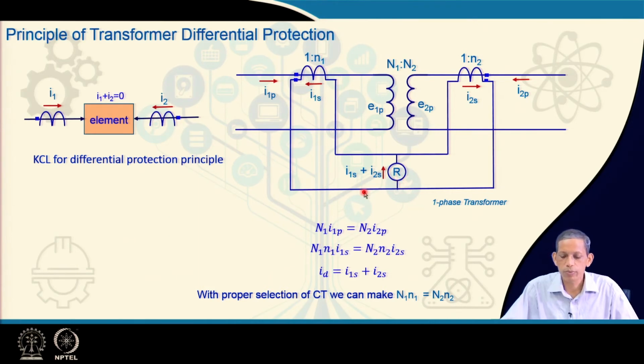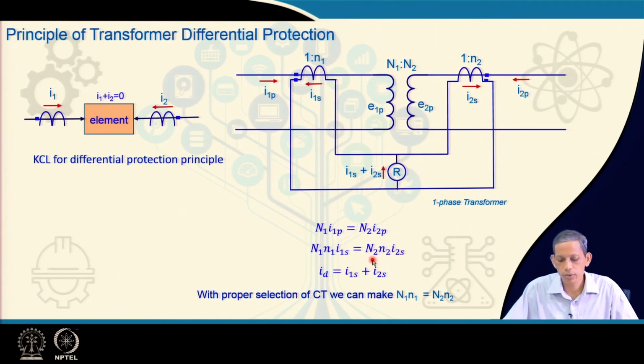So, we know that for normal condition, capital N1 into I1p equals N2 into I2p, the ampere turn balancing. Now, if we replace this primary current I1p by the secondary current of the considered CT, it becomes small n1 into I1s. Similarly, if we replace I2p by the CT secondary current, it becomes small n2 into I2s.